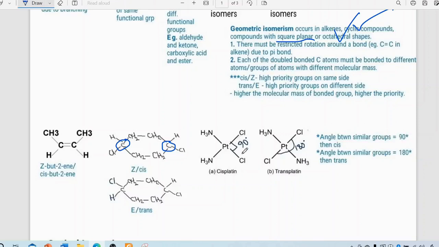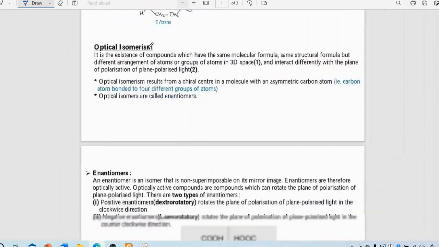So this Cl, this 90, another 90, another 90, another 90, overall 360. If the similar groups are separated by a 90 degree angle, the compound will be of the cis isomer form. And if the angle between the same or similar groups is 180 degrees, then they are of the trans form. So that is that, done in 10 minutes.